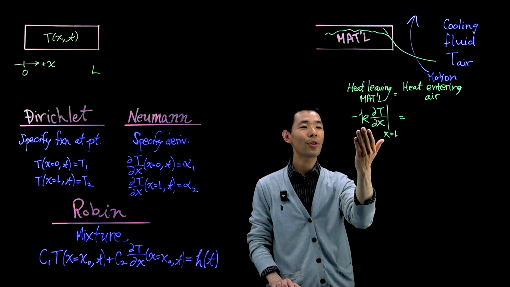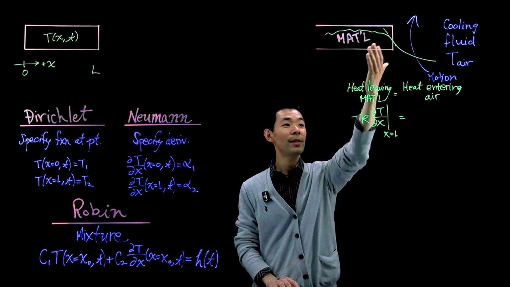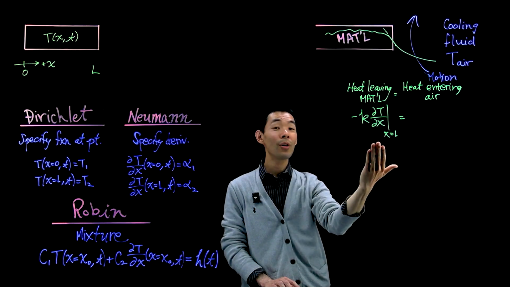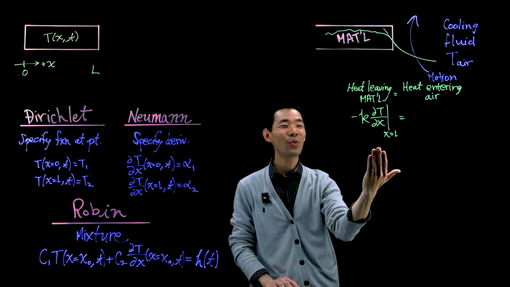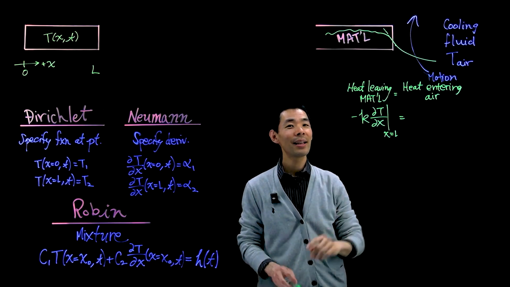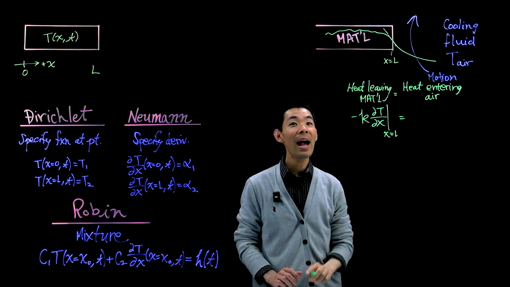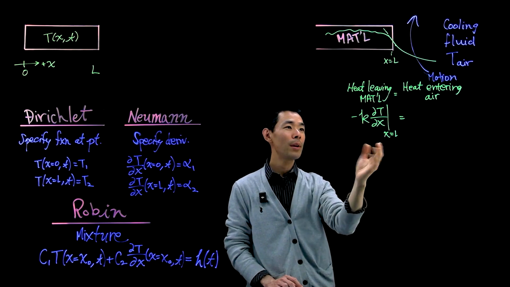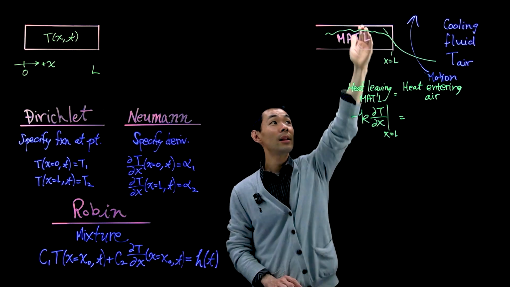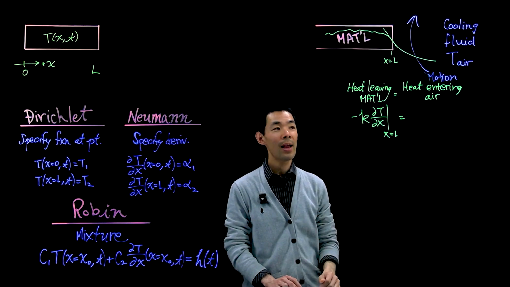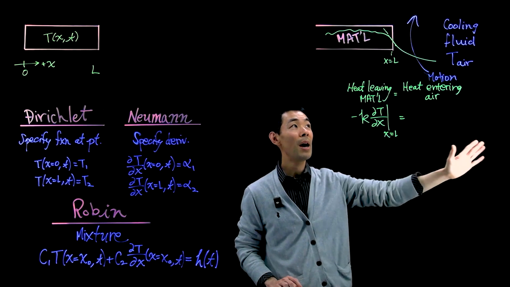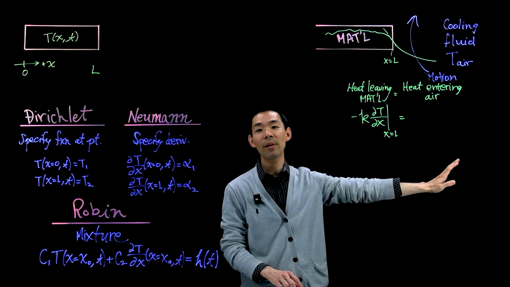So this is the thermal conductivity of your solid material times the temperature slope, the derivative, evaluated at x equal to L. At that point, there's going to be a slope. This is the amount of heat leaving your material. Now, this must be equal to the amount of heat being taken out by the surrounding cool air.